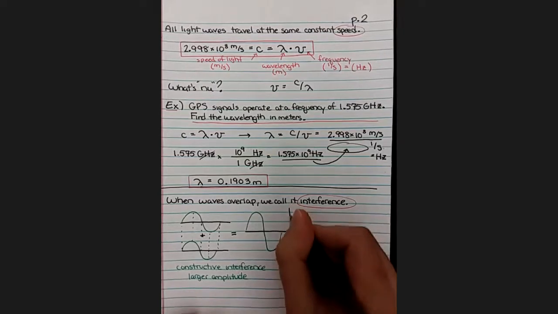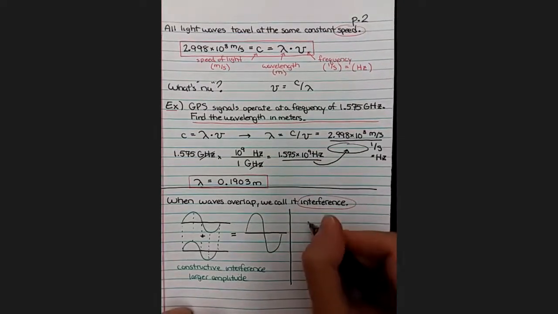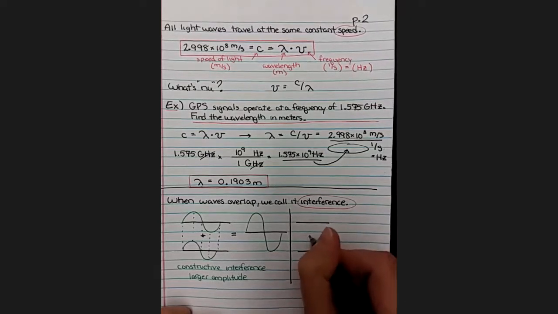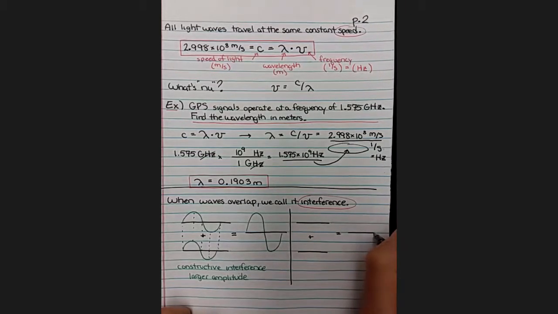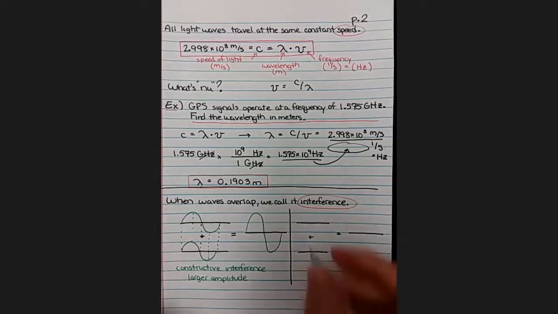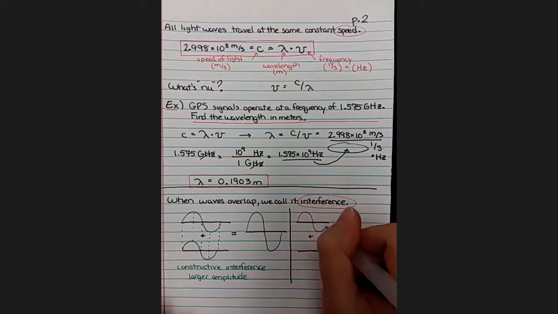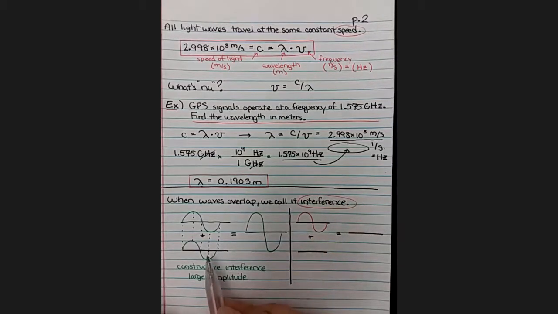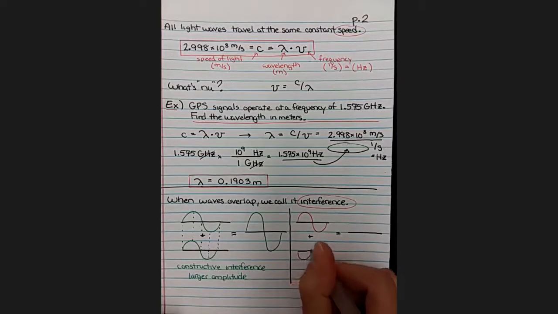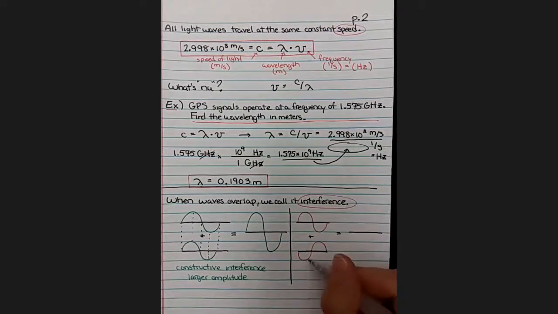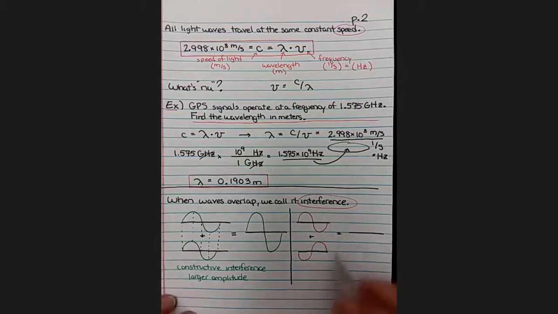Okay, and you might have guessed that sometimes the addition of waves is not constructive. Let's do red this time. So if we overlap two waves and they don't exactly line up with the position of the maximum and the minimum, then when you add them together, they cancel. Adding a positive part of the wave together with a negative part of the wave makes the final amplitude smaller.